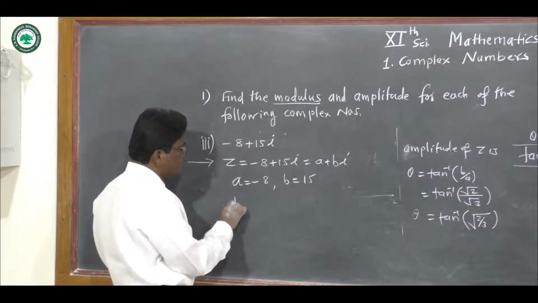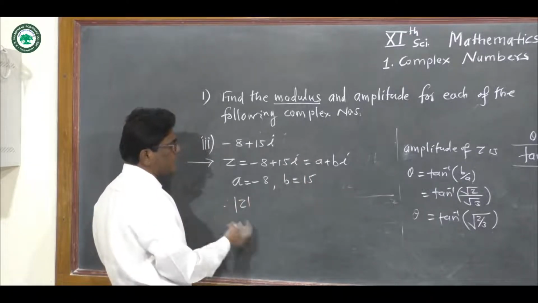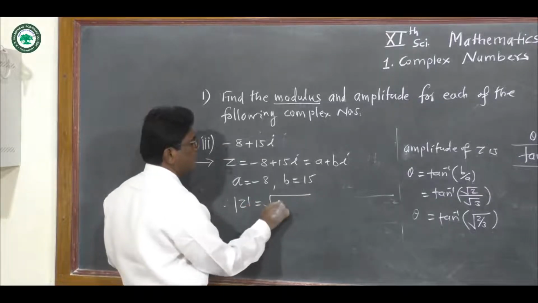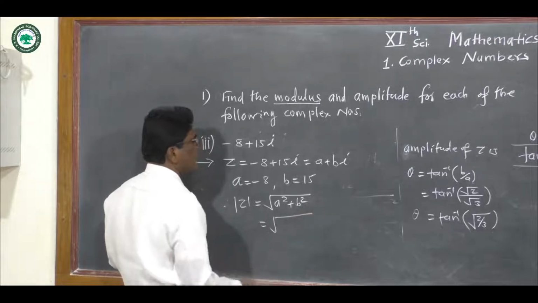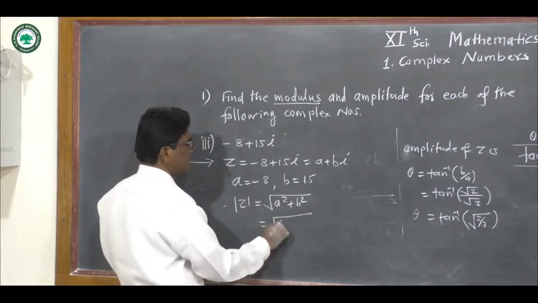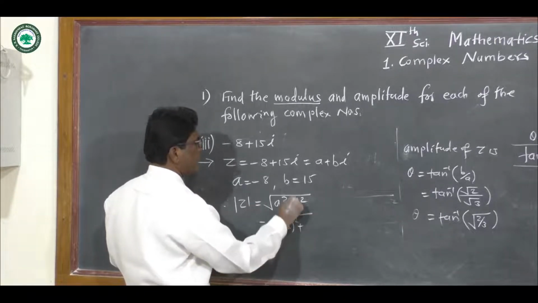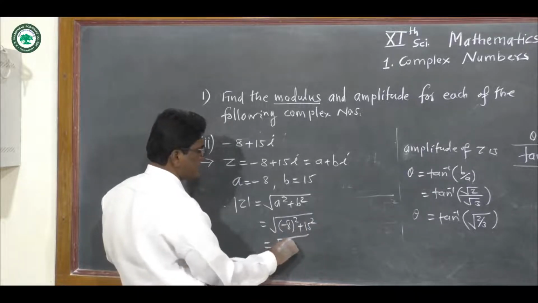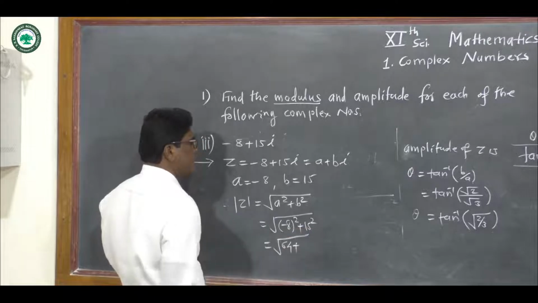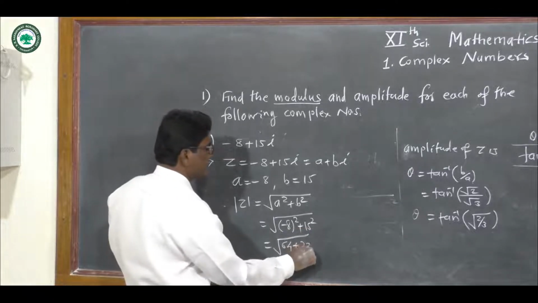And therefore modulus of Z is given by the square root of a square plus b square. So it is equal to the square root of a, that is minus 8 square, plus b, that is 15 square. So it is equal to minus 8 square, that is 64, and 15 square, that is 225.